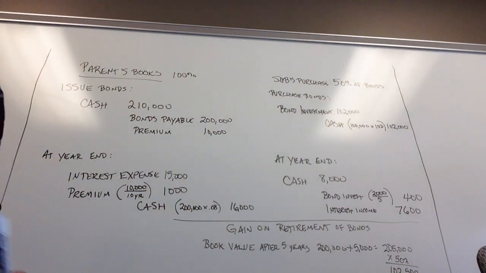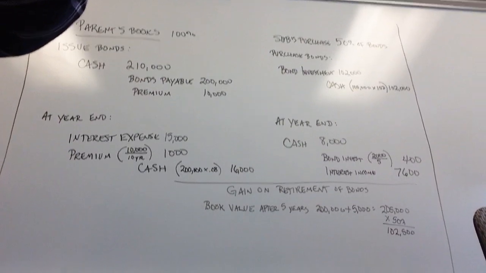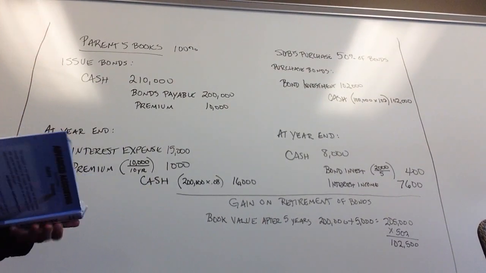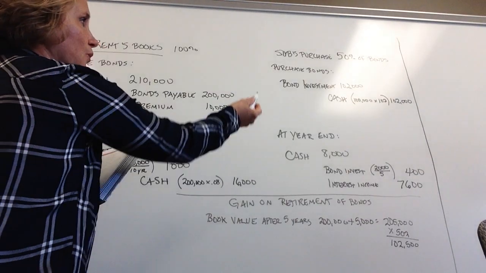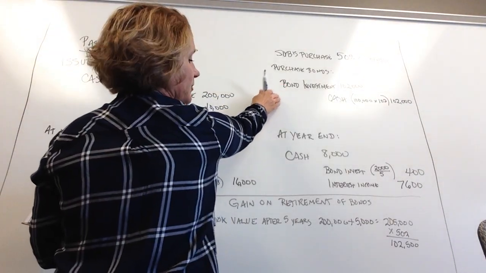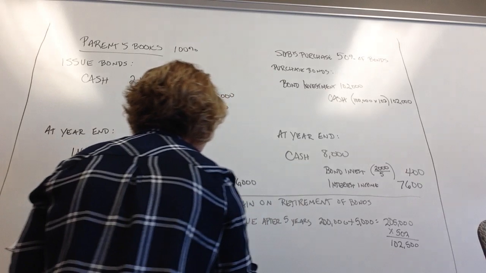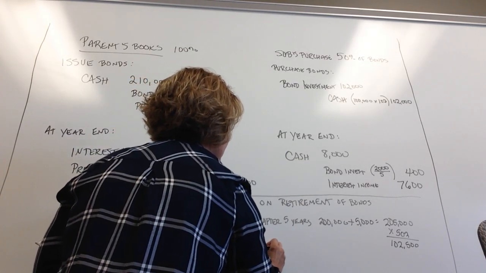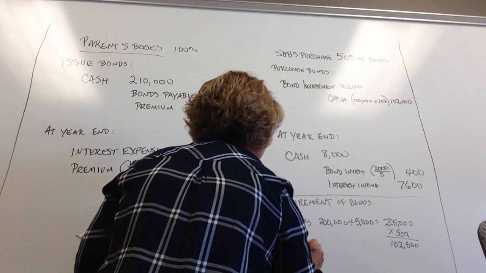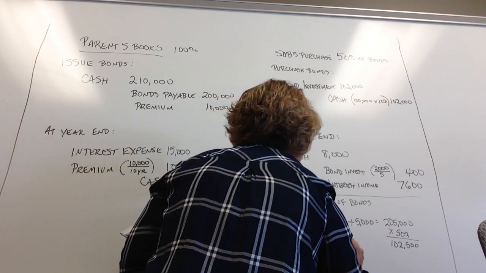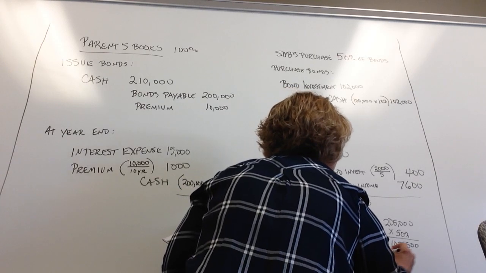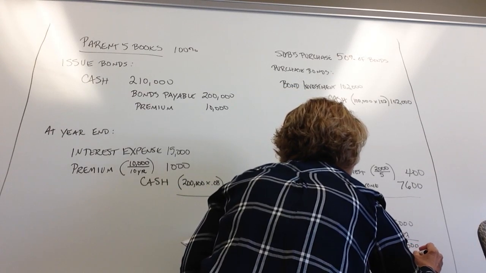Let me see if I can get that to go down a little bit so you can see it. Okay. So then we compare that, though, to what they paid. So if we go back up here and we say, okay, the purchase price by the sub is $102,000.